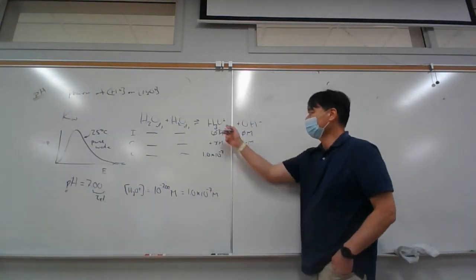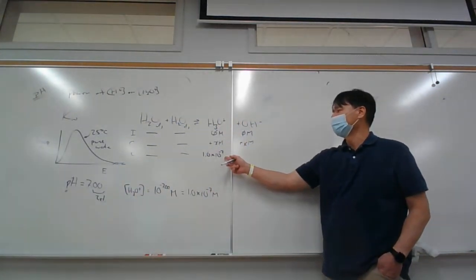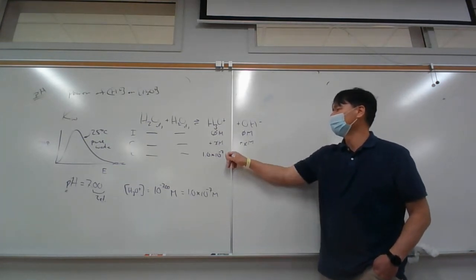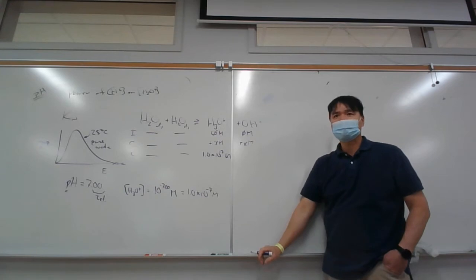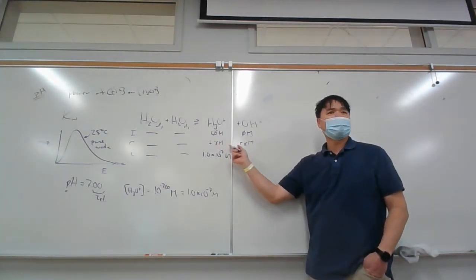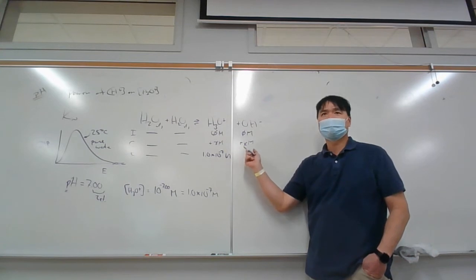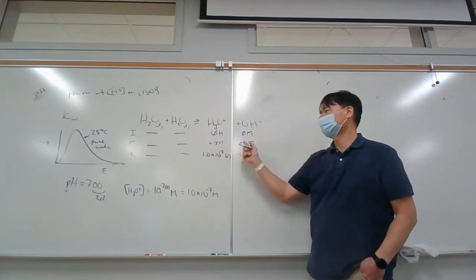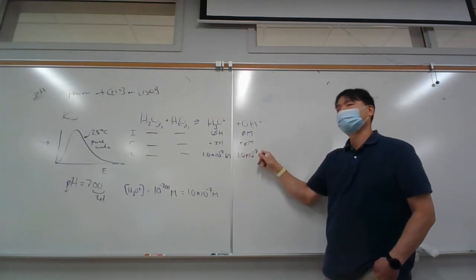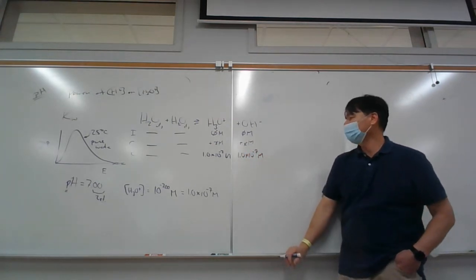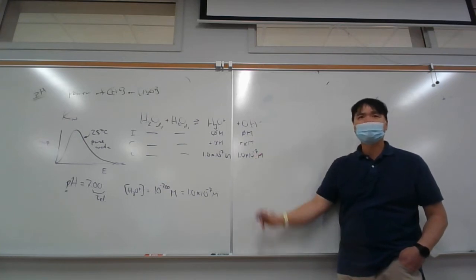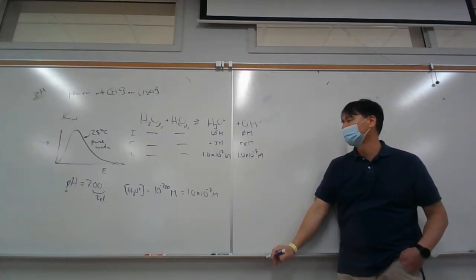Okay, if the hydronium ion concentration is 10 to the negative 7 molar, what is the hydroxide ion concentration? Yeah, it's got to be the same because, for every hydronium, we make one hydroxide according to stoichiometry. So this has got to be 1.0 times 10 to the minus 7 molar, which means the power of the hydroxide ion concentration, what is the exponent of the hydroxide ion concentration?